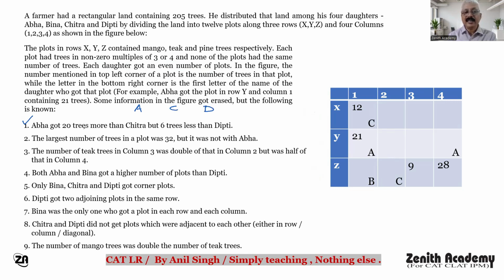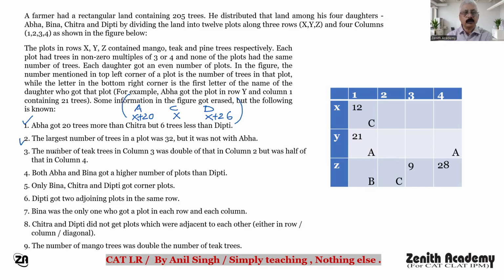If Chitra has X trees, then Abha has X plus 20. But Abha got 6 trees less than Deepti, so Deepti would have X plus 20 plus 6, which is X plus 26. Let's keep this information for further connectivity.